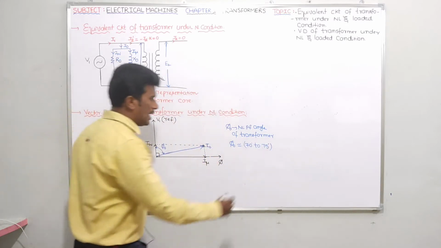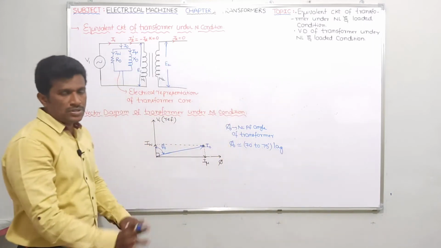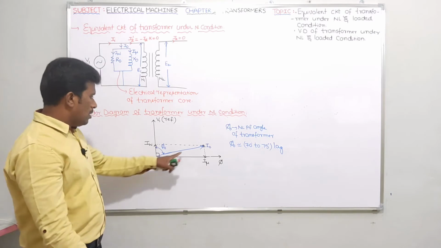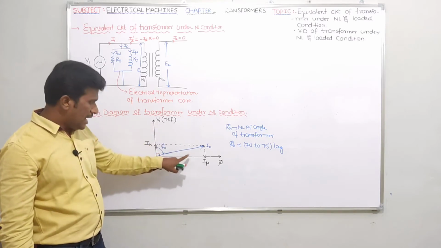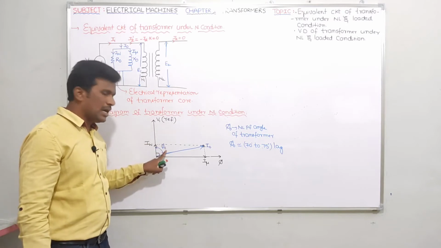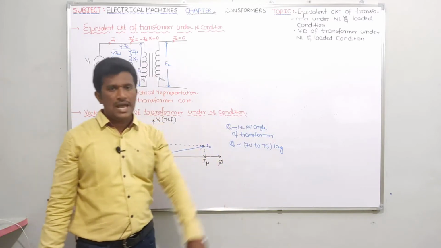So I should write here lag. Why should I write lag here? Can you please tell me? Phi naught will be around 70 to 75 degrees lag. Why? Because the angle between V1 and I naught is phi naught. I naught lags V1 by phi naught. That's the reason I can write phi naught equal to 70 to 75 degrees lag.